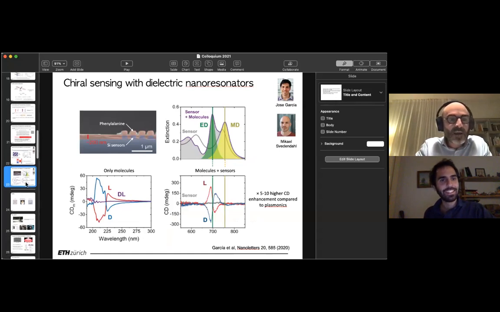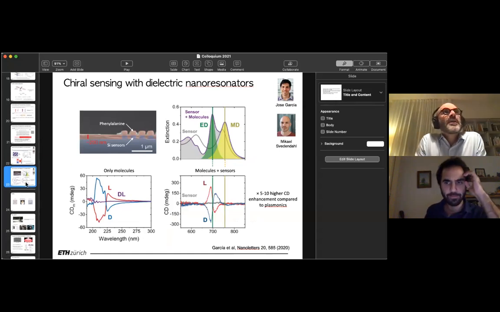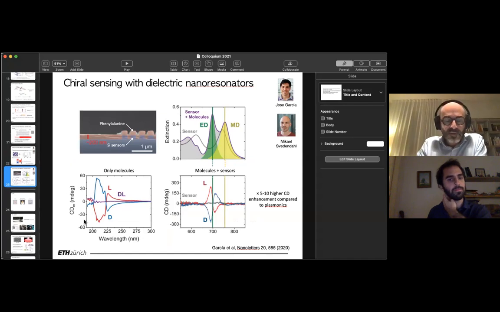So the way you can understand that is, as I mentioned before, the absorption. To see a significant CD signal, you need significant absorption. You can still see my slide, right?